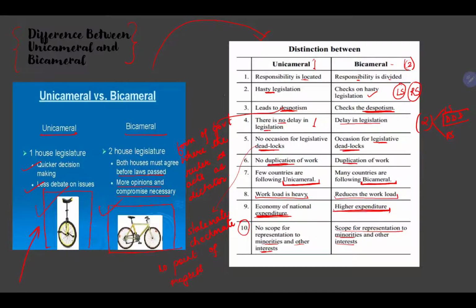We should have a rough idea about which countries are following unicameral and bicameralism. Number 11, unicameral can be found in countries like Denmark, Bulgaria, Hungary, Ukraine.